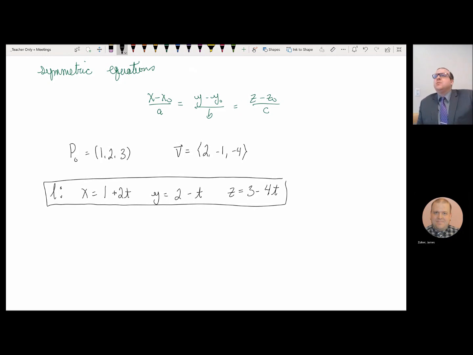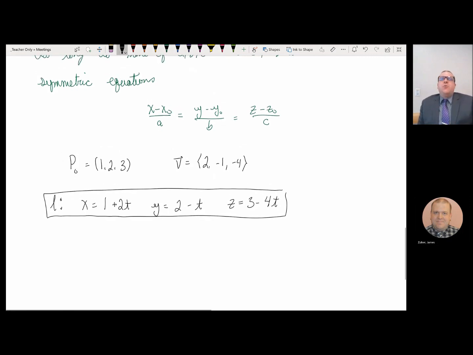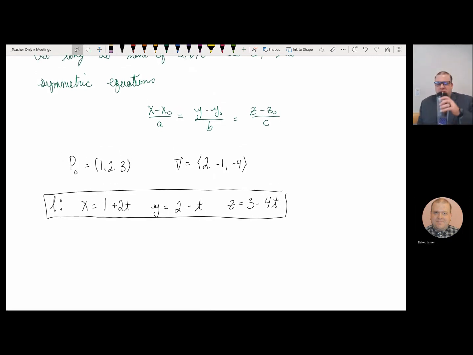Now we have to determine which of 3 given points are on this line. There are two ways to go about this.